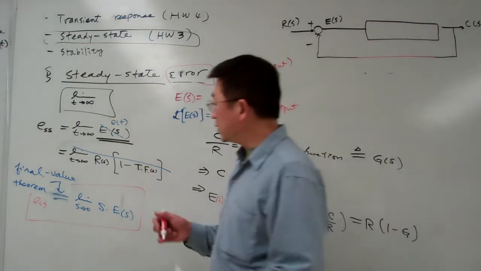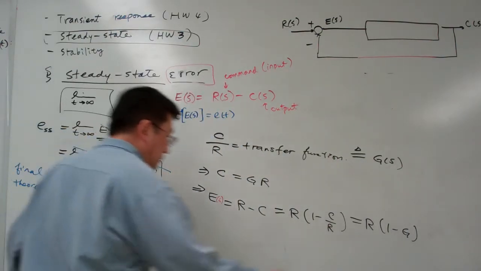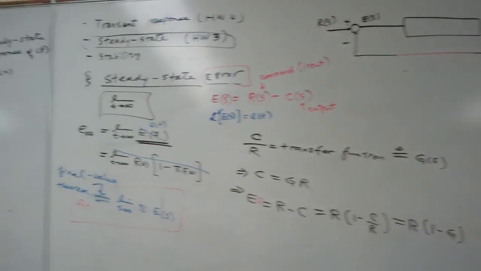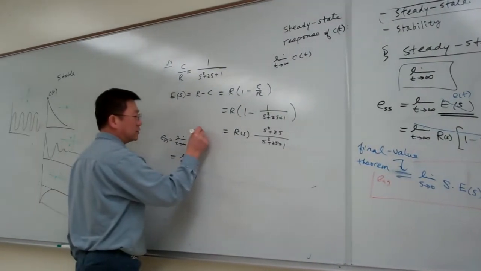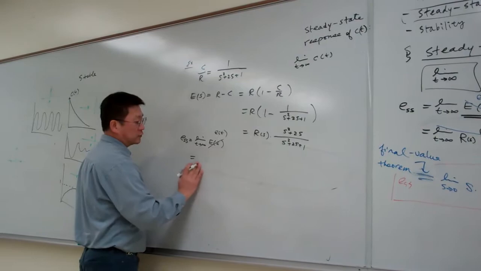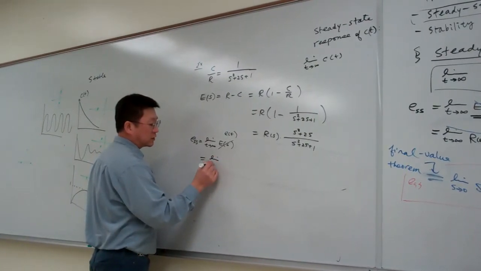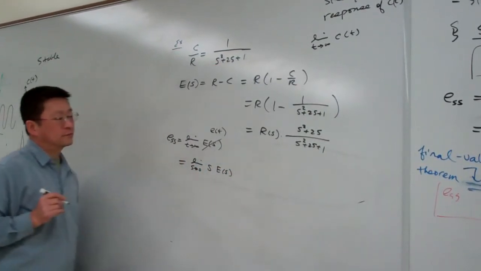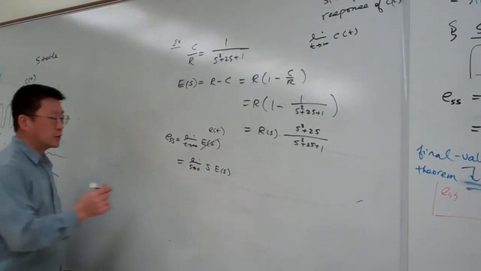So let me continue this example here. Let me modify this to be e of t. That should be equal to the limit as s approaches 0 of s times E over s. Now we continue.